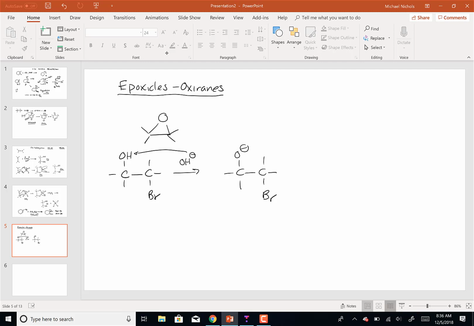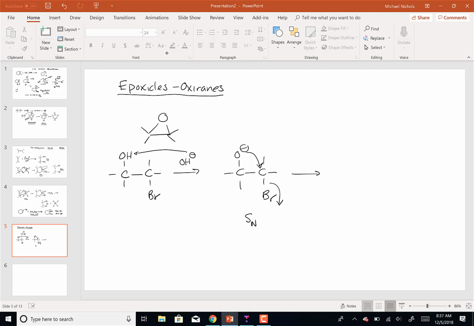So once I deprotonate that OH and make it O-, it can now act as a nucleophile and attack the carbon next to it from the top or the bottom, in other words, opposite the bromine, so that it can kick off the bromine.